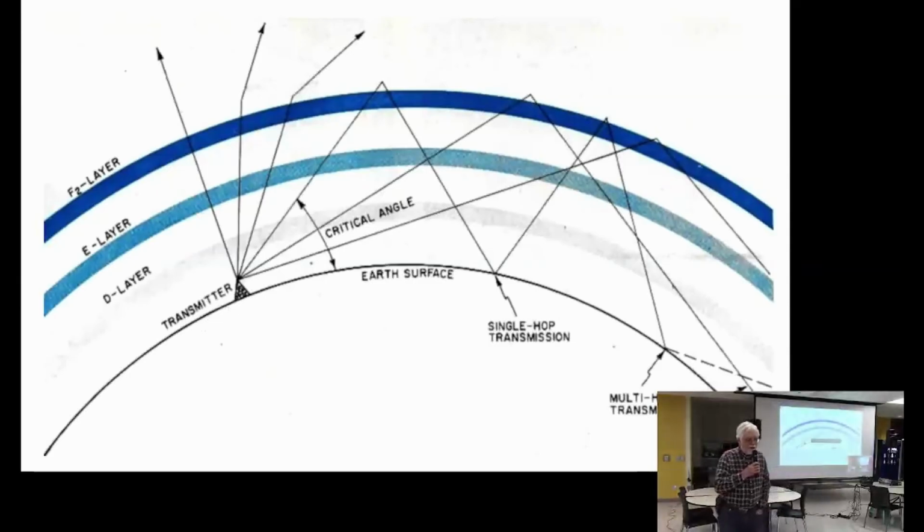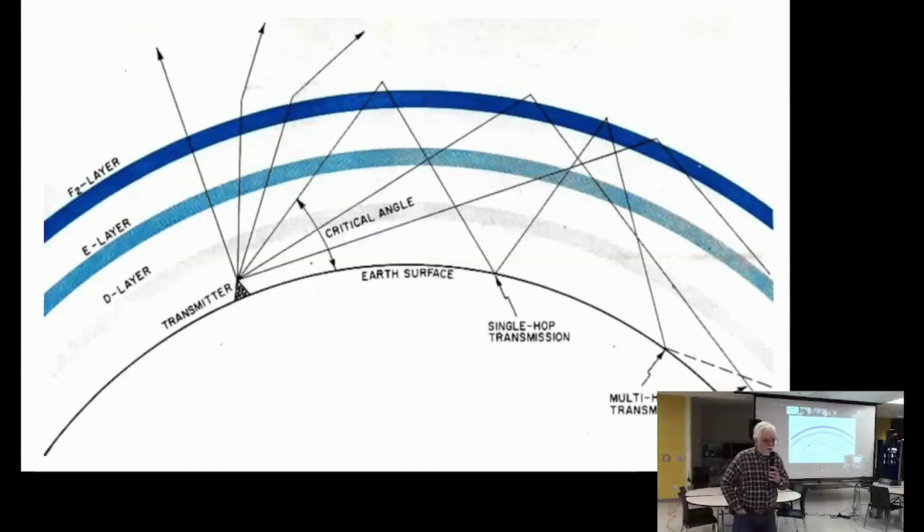The E layer and the F layer, however, can bend the radio waves, but the major one that we're going to consider here, until later, is the F layer, which is the main one which handles high frequency propagation, or where you can talk to somebody around the world on 10 meters with 10 watts.